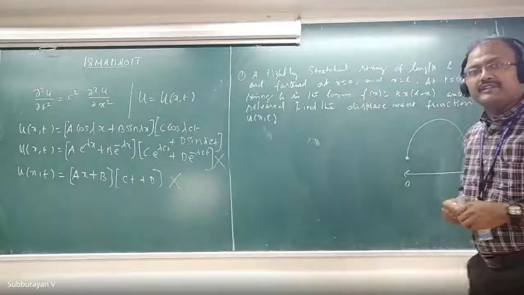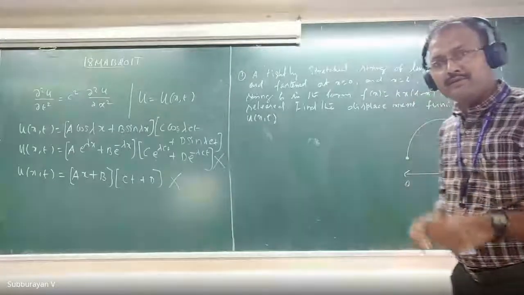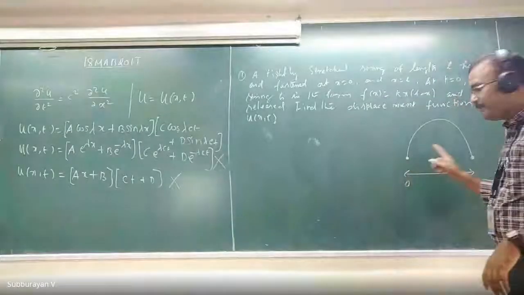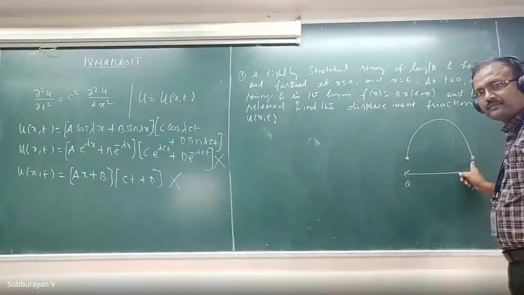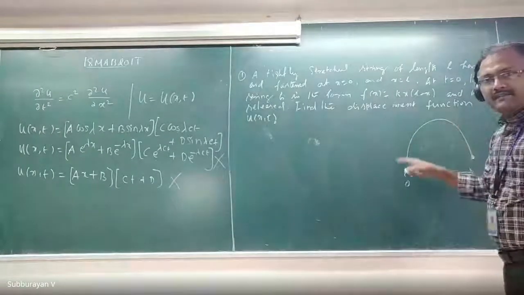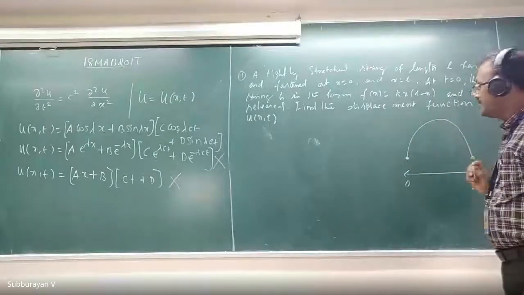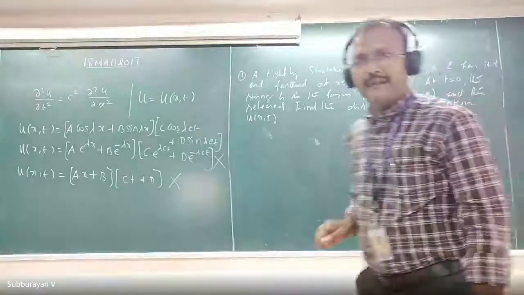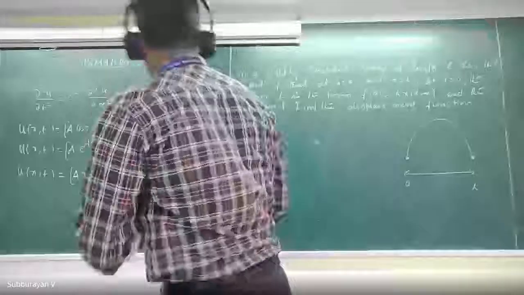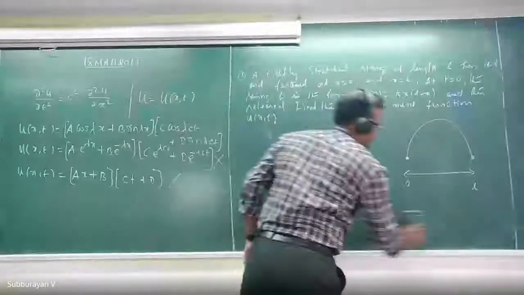If I denote u as the displacement function, then the value of the function at these points will be 0, whereas here there will be some non-zero value. Now, the above problem can be modeled like this.